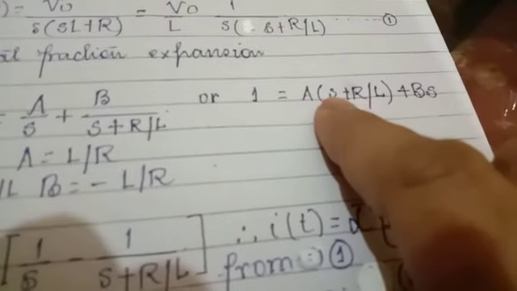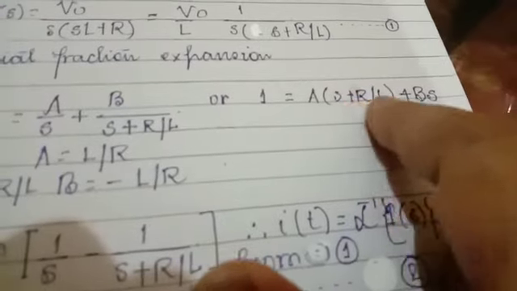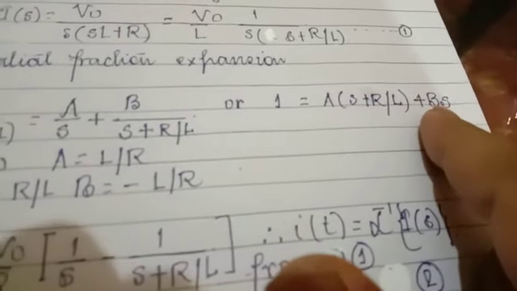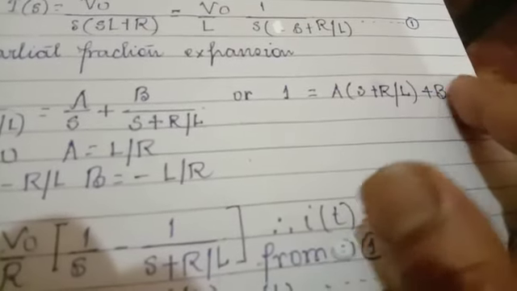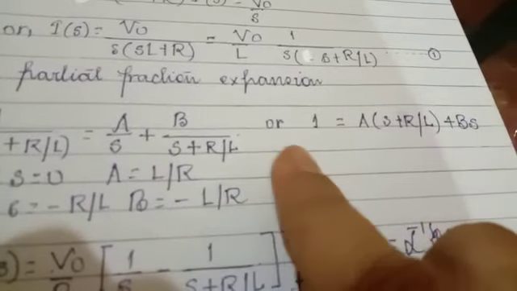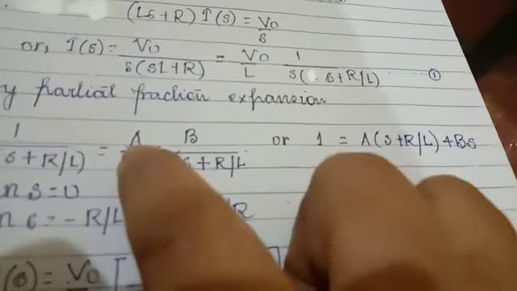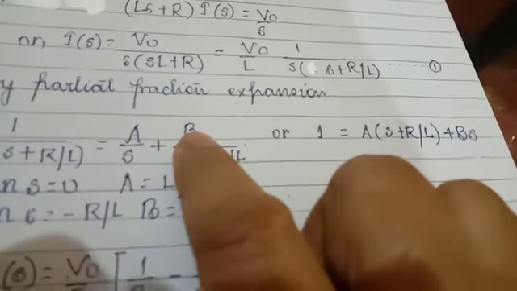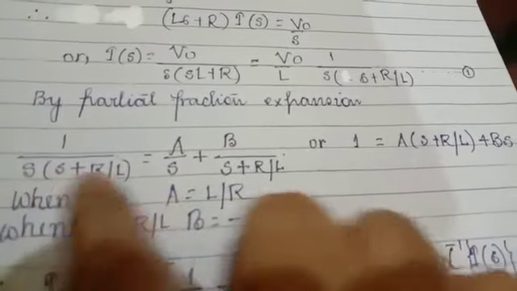And when S is equal to minus R by L, this is equal to 0, and B becomes equal to minus L by R. Basically, that is the rule for the partial fraction. We find out these coefficients at the roots of this denominator polynomial.